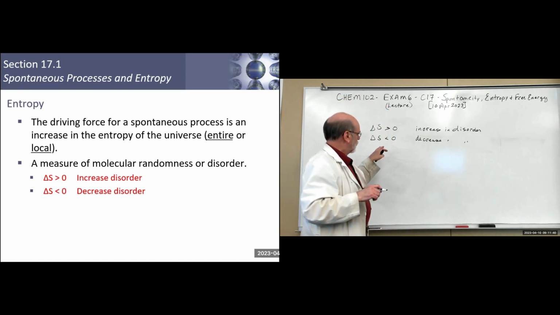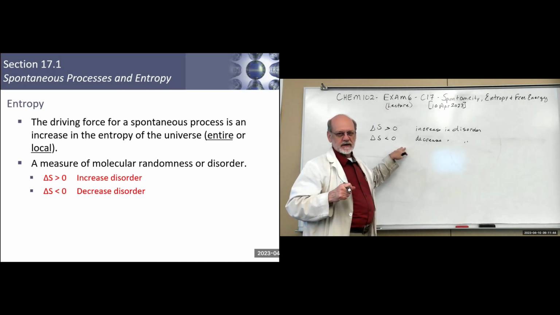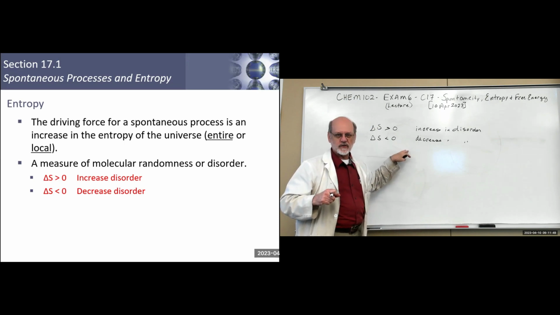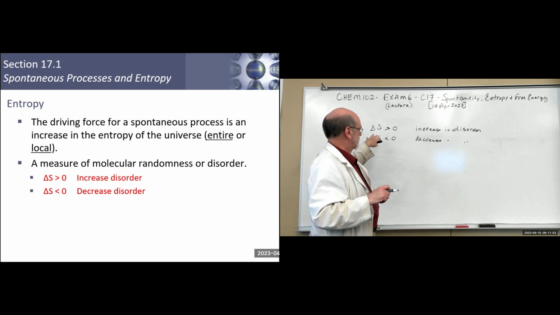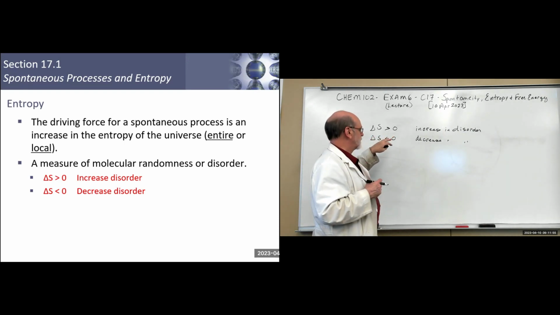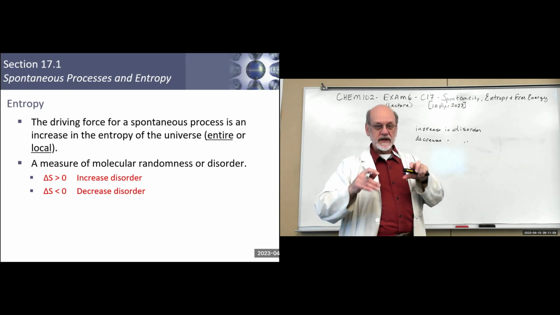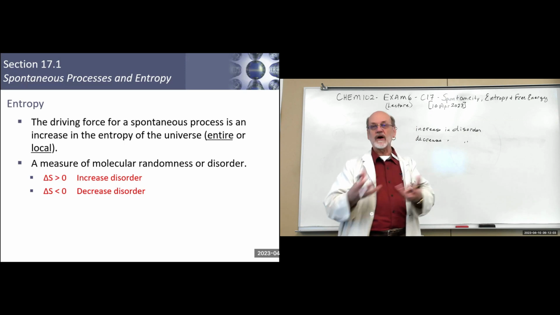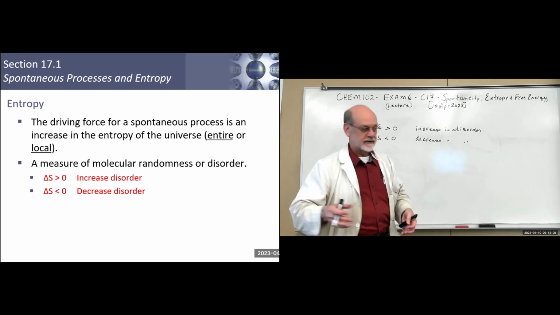Now, when the writers of the book refer to a spontaneous process as an increase in disorder, they're referring to the universe. But just like when we discussed calorimetry, we can isolate our part of the universe and discuss that part rather than the whole universe.